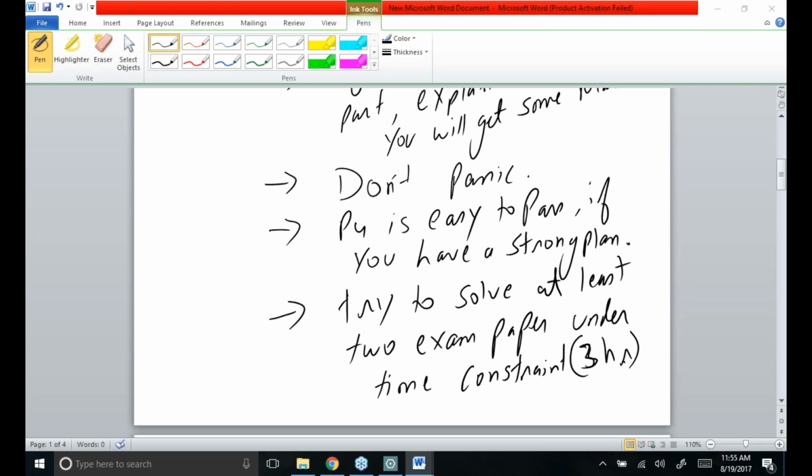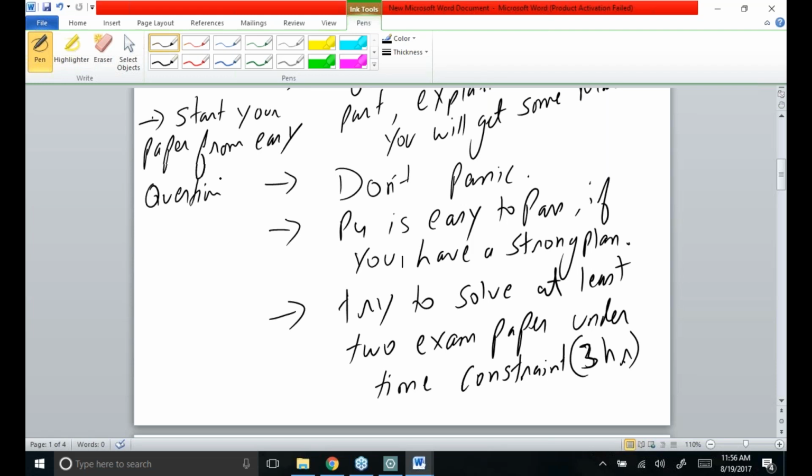And one last thing, start your paper from an easy question, and that easy question can be question number 1, 2, 3 or 4. It depends upon your preparation and your interest, which part of the syllabus you like more.